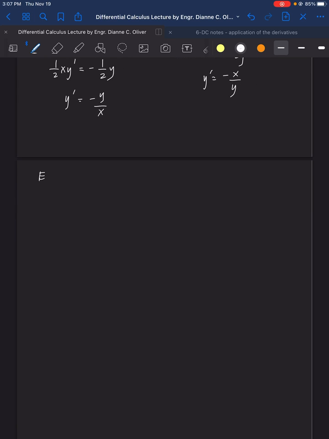Equate y prime. Negative y over x is equal to negative x over y. x squared equals y squared, so x is equal to y.